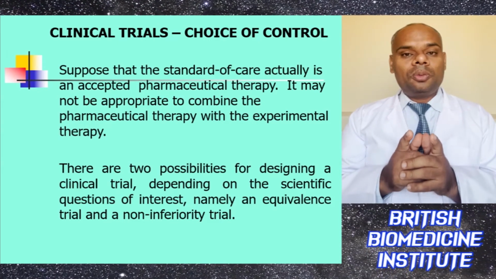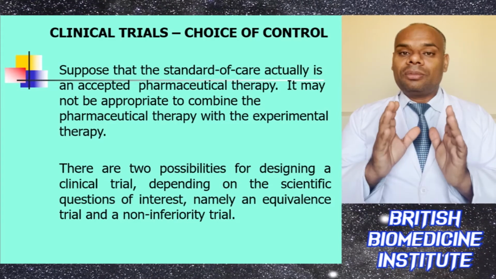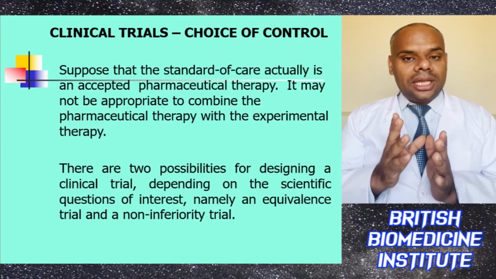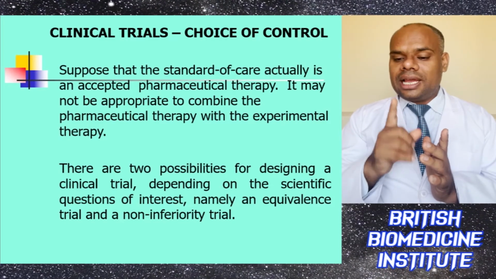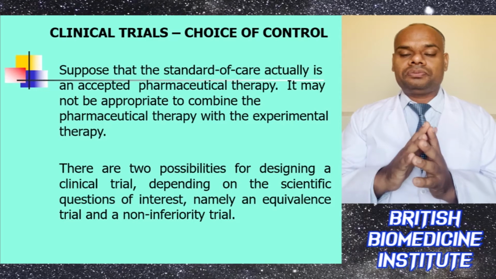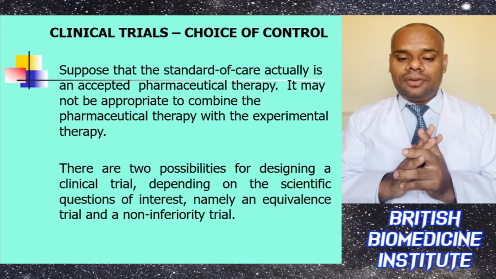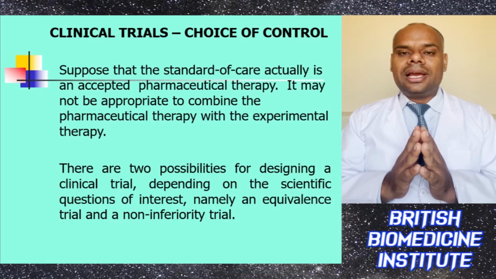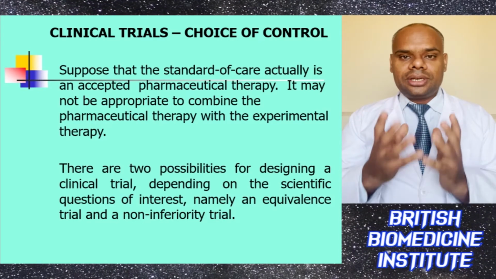It may not be appropriate to combine the pharmaceutical therapy with the experimental therapy. Then there are two possibilities for designing a clinical trial depending upon the scientific questions of interest, namely equivalence trials or non-inferiority trials.